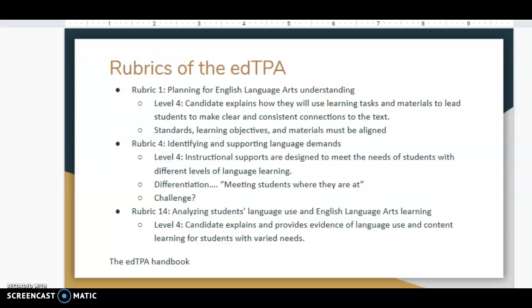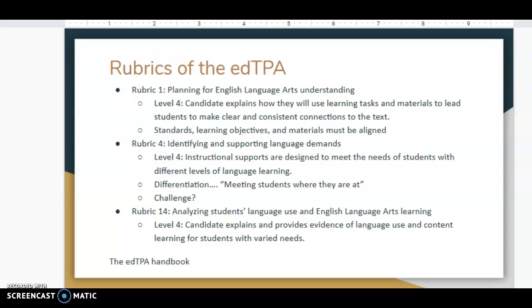So in order to get a level 4, and it's actually level 4 plus, a candidate explains how they use learning tasks and materials to lead students to clear and consistent connections to the text. And then another thing to think about is that your standards and learning objectives and your materials must be aligned.